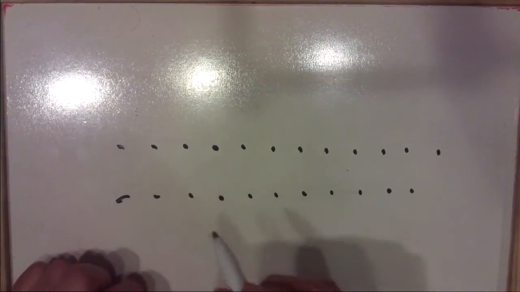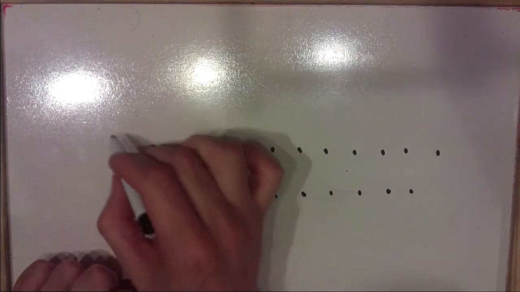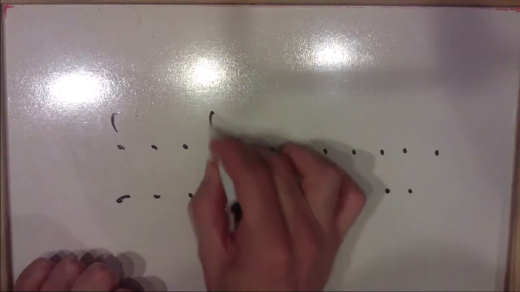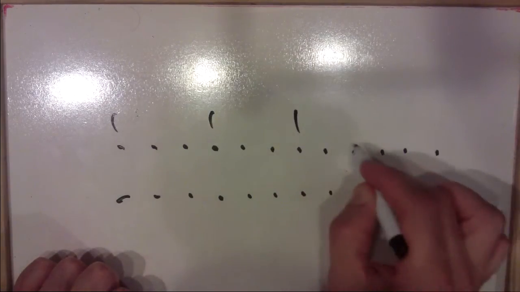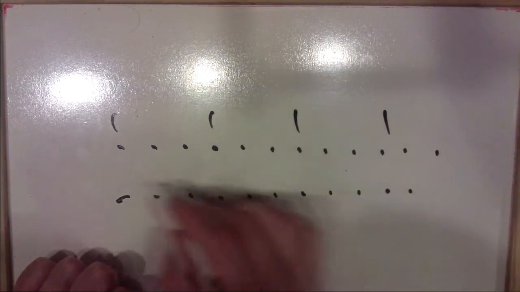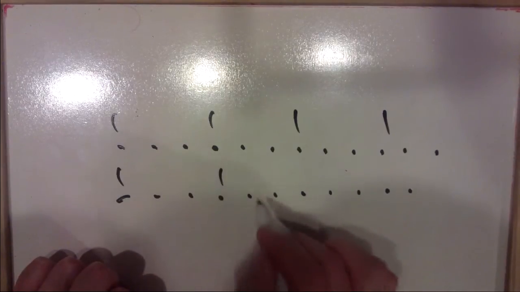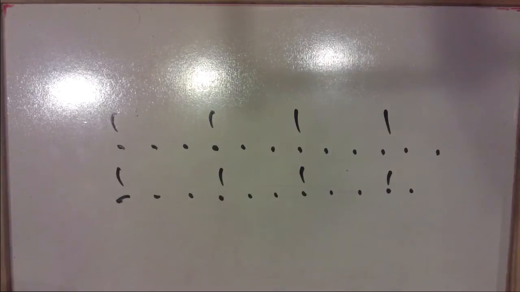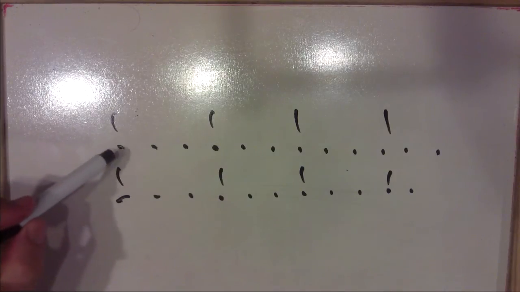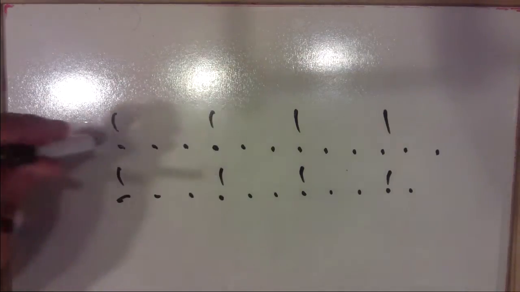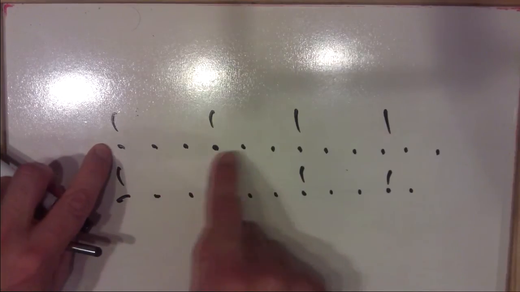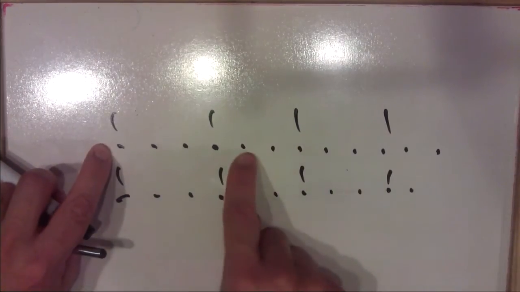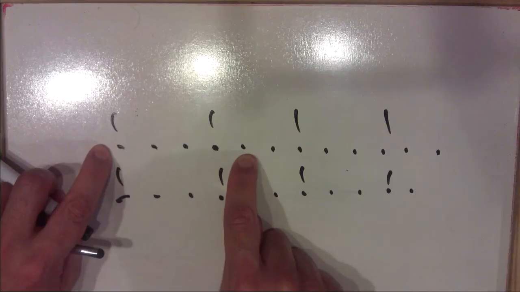I'm just going to mark every time a stress comes up. Ta ta ta ta ta ta. Okay, looks like here we cannot fit it every 4 beats. You see, 1, 2, 3, 4. We should have a stress here, but we don't have it.